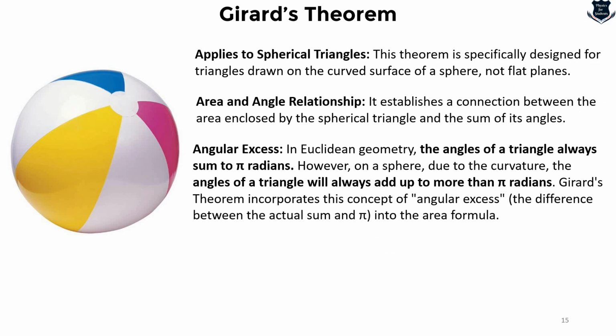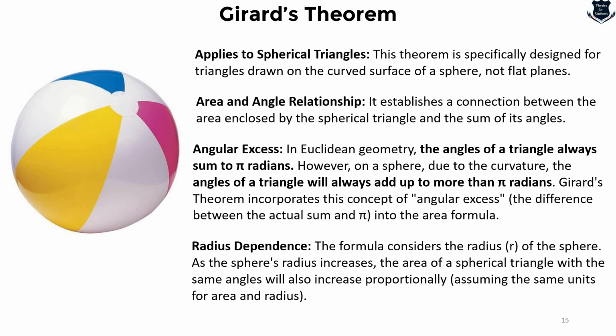The angular excess, which we just tried to calculate, and the angular defect, is basically this: the angles of a triangle always sum up to pi radians, but as we have seen on a sphere, due to curvature, the angles of a triangle add up to more than pi radians, and Girard's theorem includes this concept of angular excess in the area formula.